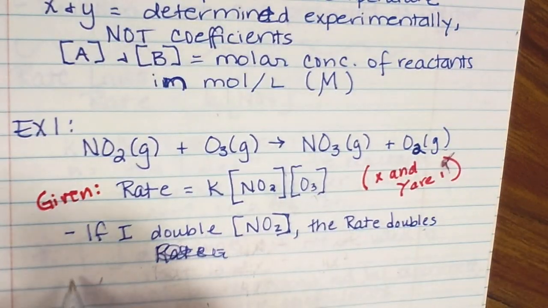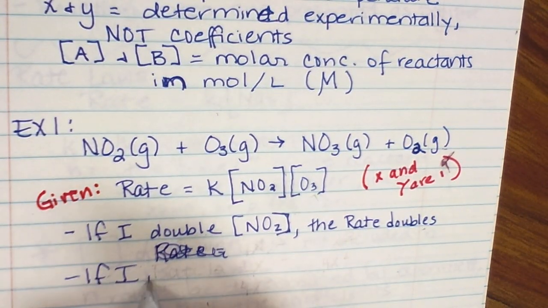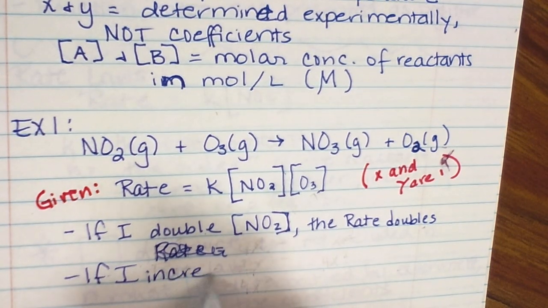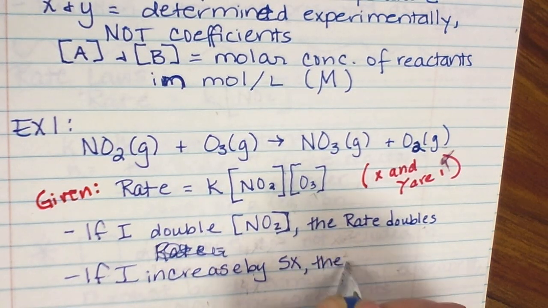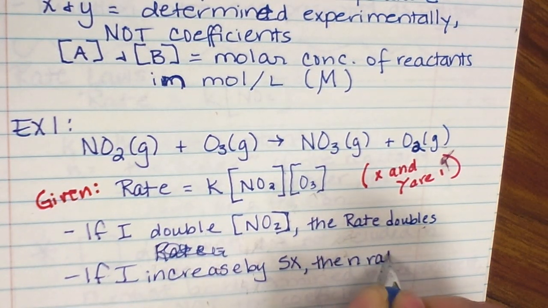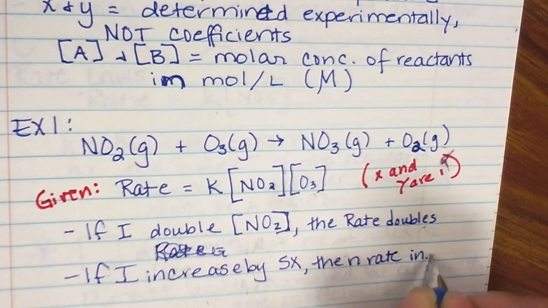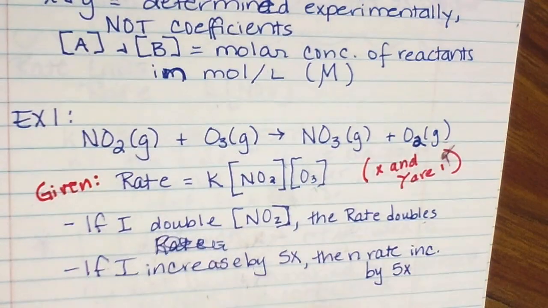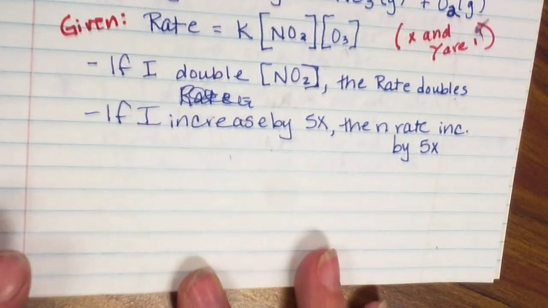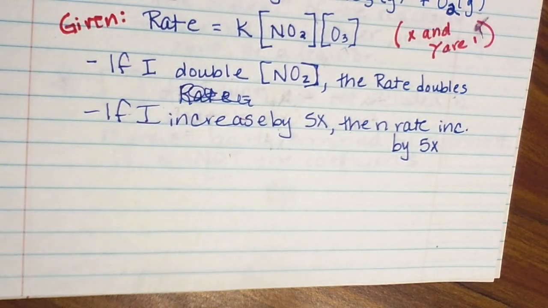If I increase either one by 5x, then the rate increases by 5x. In other words, because my exponent is 1, whatever I do to my concentration, the rate will follow.